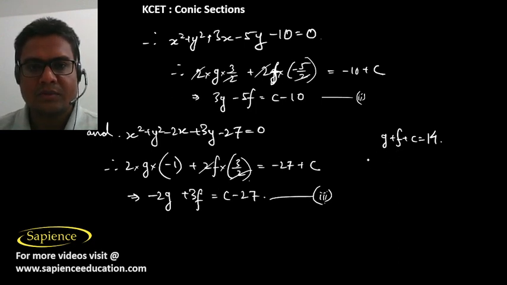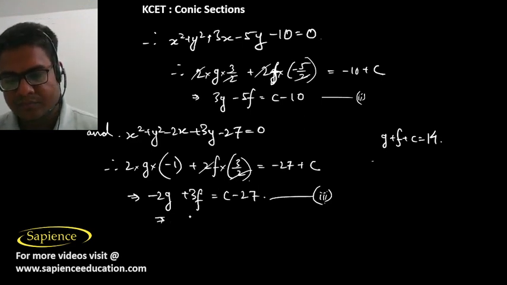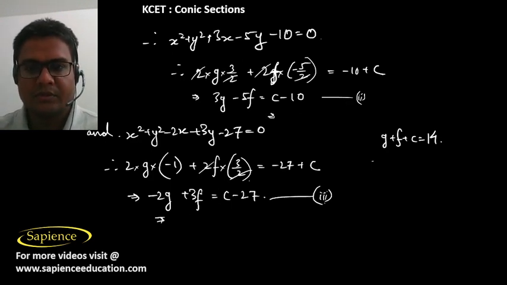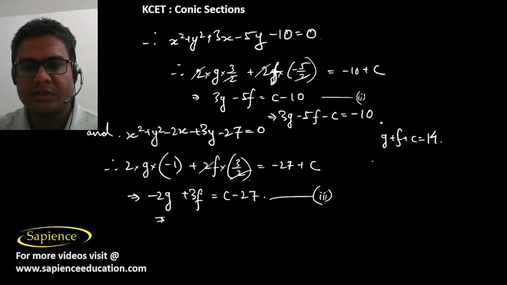So therefore, g plus f... so from here we get 3g minus 5f minus c, that is equal to minus 10. And from here we get 2g minus 3f plus c, that is equal to 27.